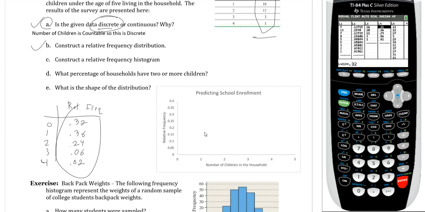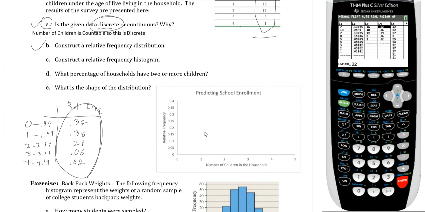With these numbers, we can now create a relative frequency histogram. Notice that our classes look kind of like bars now, but really, if I were to replace these classes, this really means 0 up to 0.99, and then 1 up to 1.99, 2 up to 2.99, 3 up to 3.99, and 4 up to 4.99.